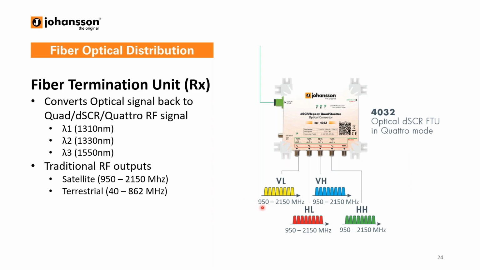They still expect a signal within this frequency range. So this unit will convert the frequencies to the, I call it, the traditional frequencies, 950 to 2150. So this means that you can connect your set-top box or decoder directly to this output, or you can also use it to feed the output of this unit into a multi-switch. But I will come back to that in the next coming slides.